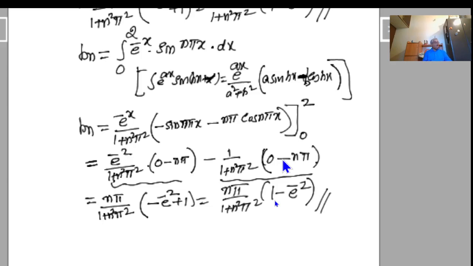So we got the value of a0, we got the value of an, and we got the value of bn also.